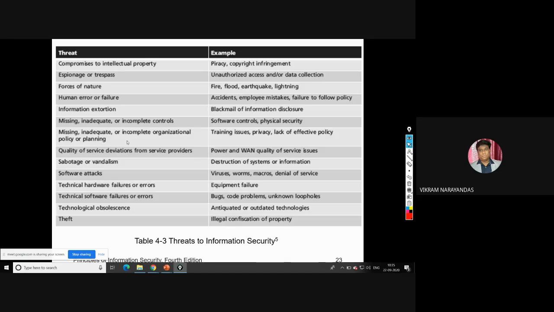So these threats we discussed in the previous classes, the first unit. Most important. So you want to identify these threats for your organization.